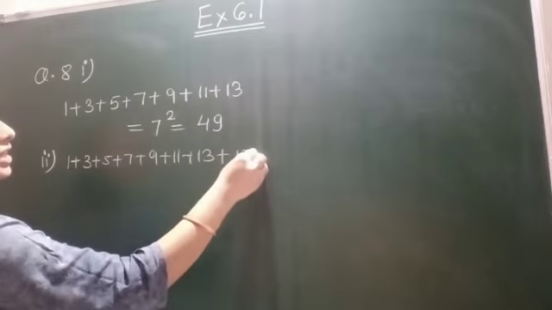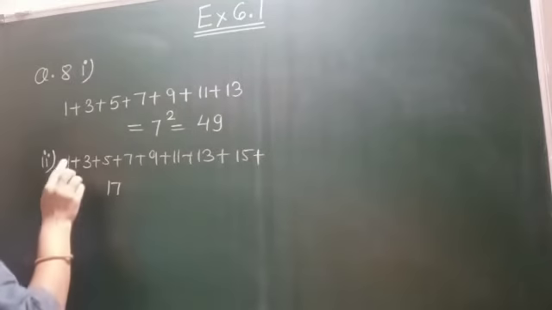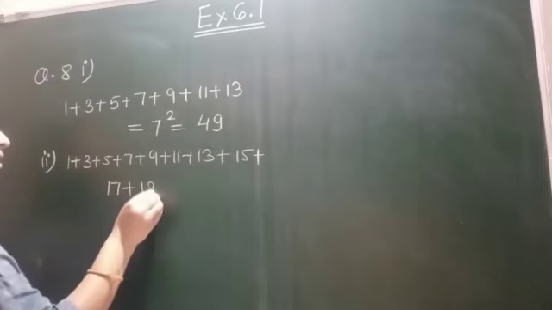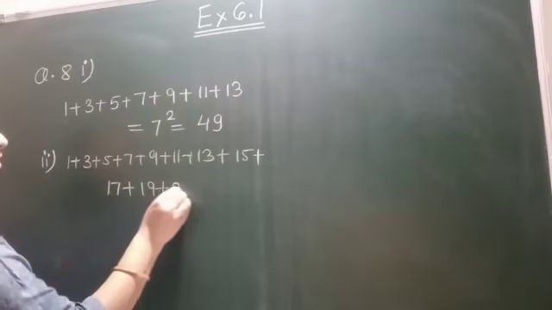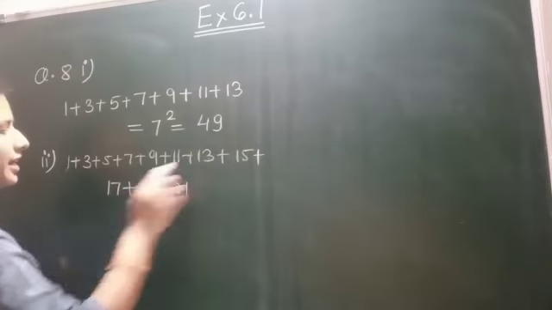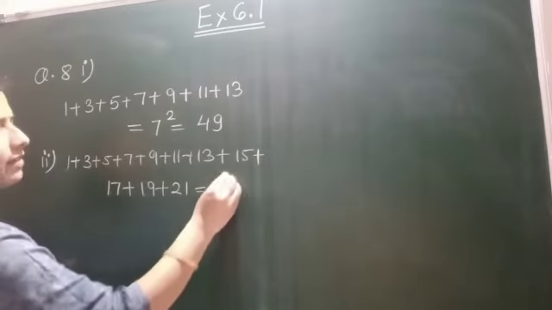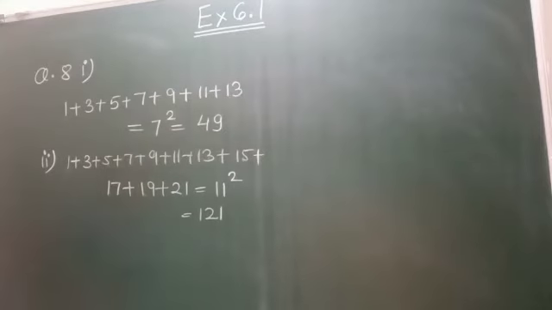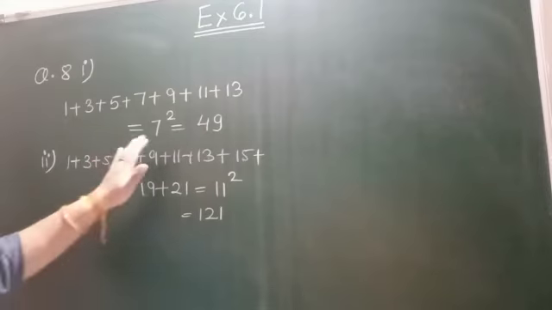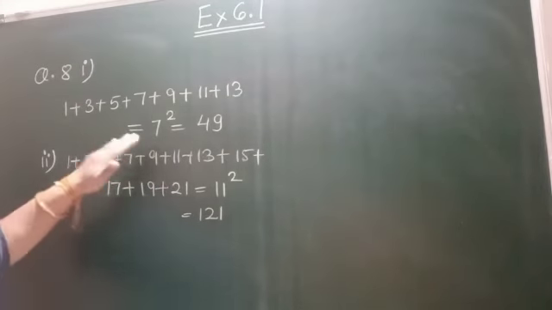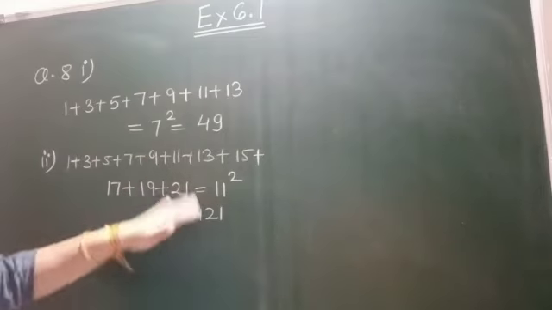After that 15, then 17. 1 2 3 4 5 6 7 8 9 10 11, and 11 square. The answer will be 121. You can check your answer by adding all these numbers, but no need to add, student, because this is your shortcut method and you have to keep it in your mind. Directly, just write 7 square, 11 square.